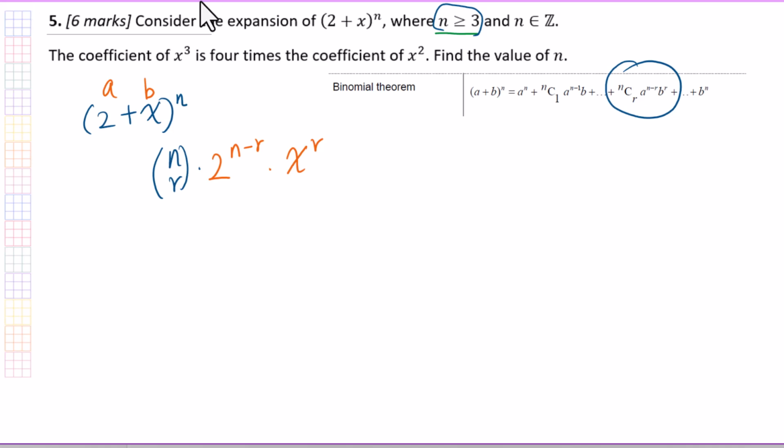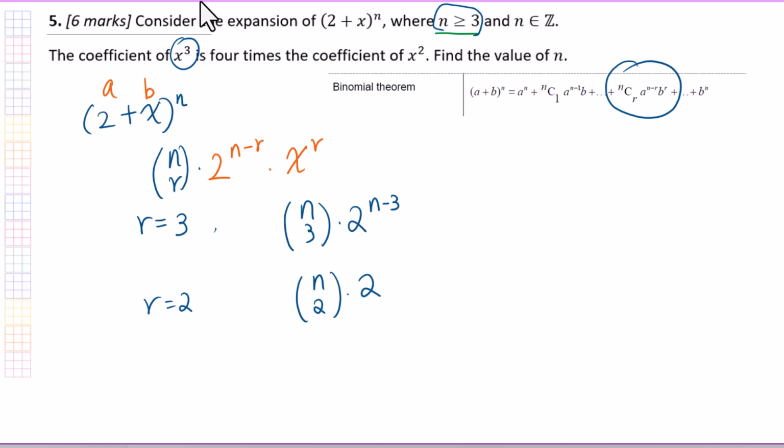When r equals 3, the coefficient is n choose 3 times 2 to the n minus 3rd power. When r equals 2, it is n choose 2 times 2 to the n minus 2nd power.